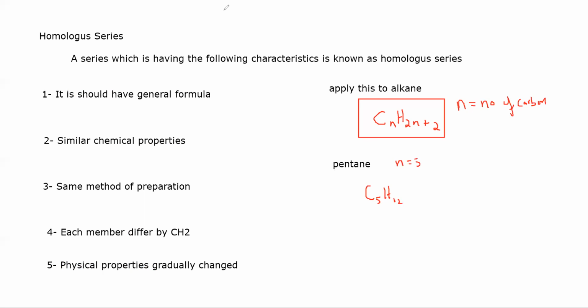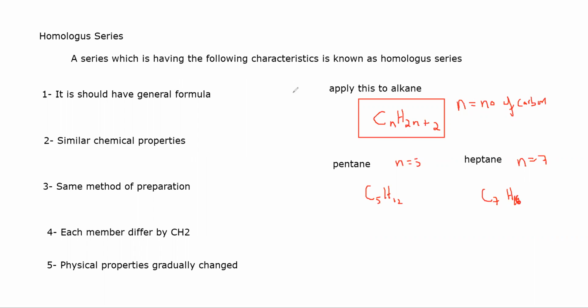Same way, if I say what is the formula for heptane? You will use the same formula, and for heptane the value of n is equal to 7. So it will be C7H16, sorry, H16, not 14, because it's H2n plus 2. That's right, 16 will be there, not 14.